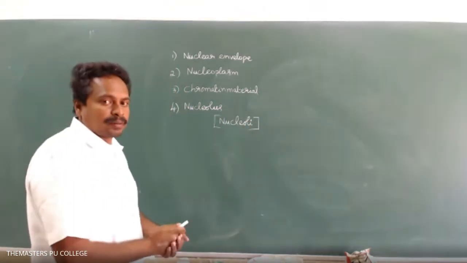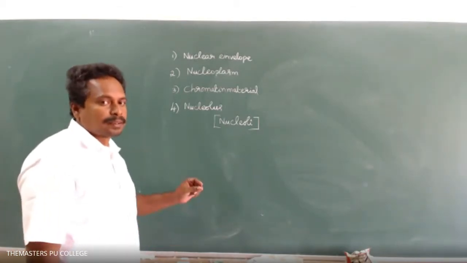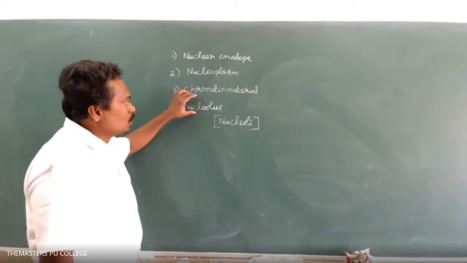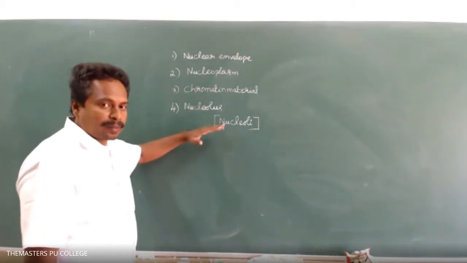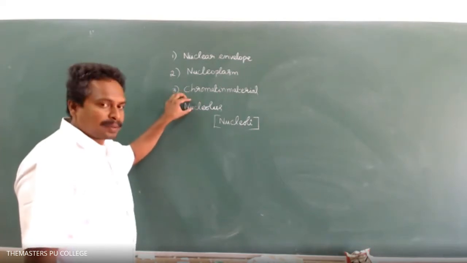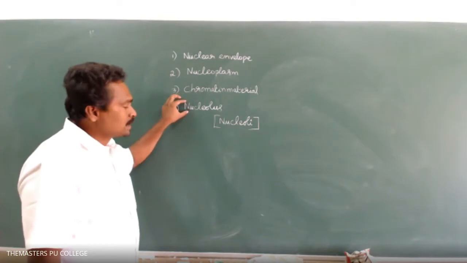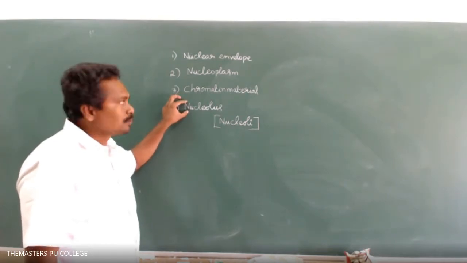Nucleoli are several spherical structures present in a nucleus. When only one spherical structure is present in the nucleus, it is called a nucleolus.